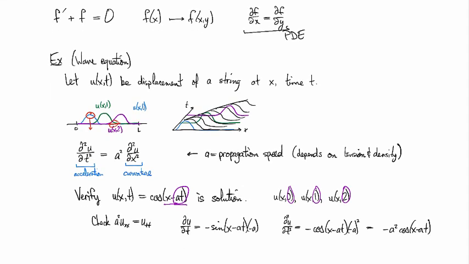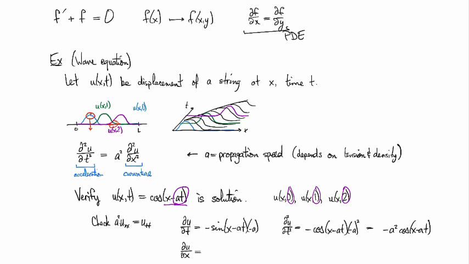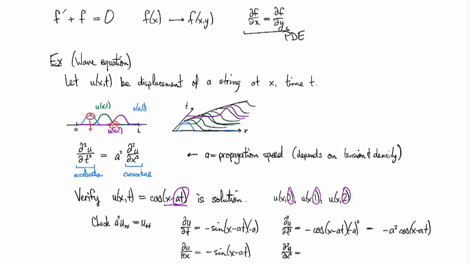If we look at the spatial derivative, the first derivative gives us minus sine of x minus at. Then the second space derivative gives us minus cosine of x minus at.